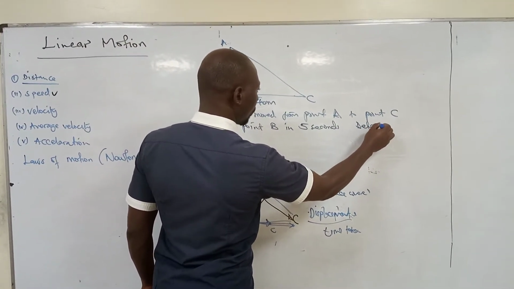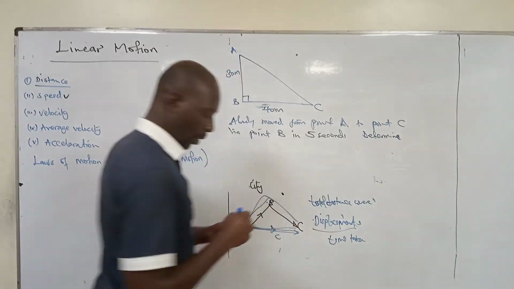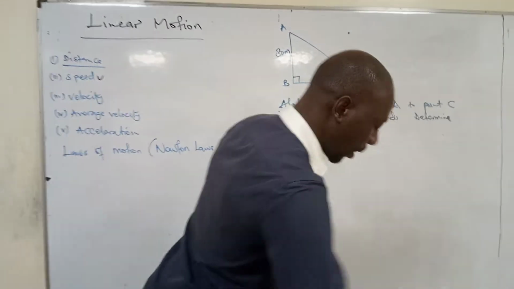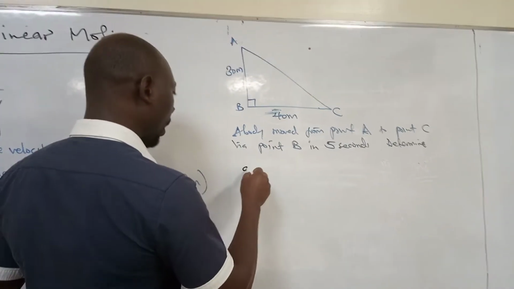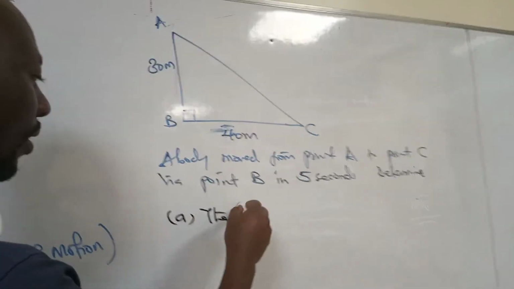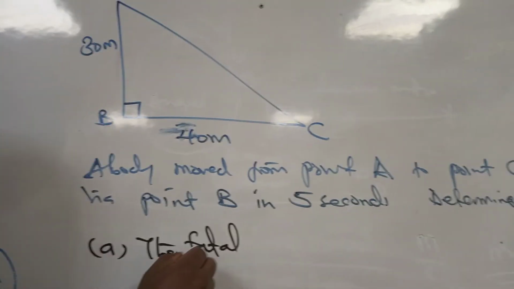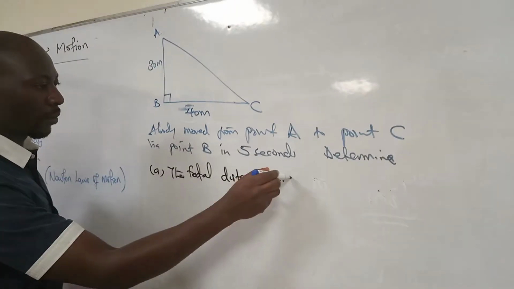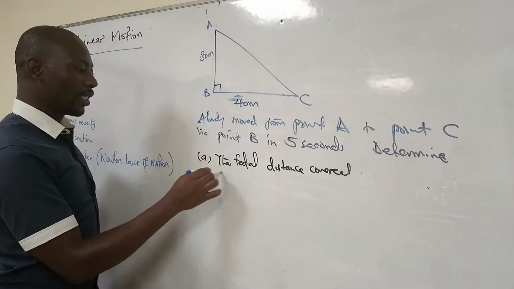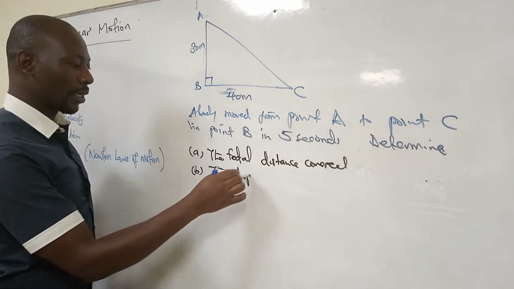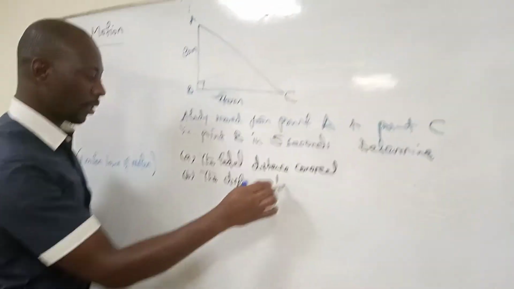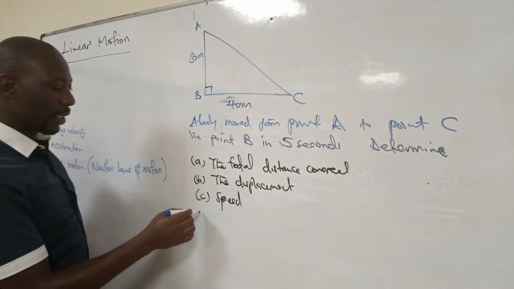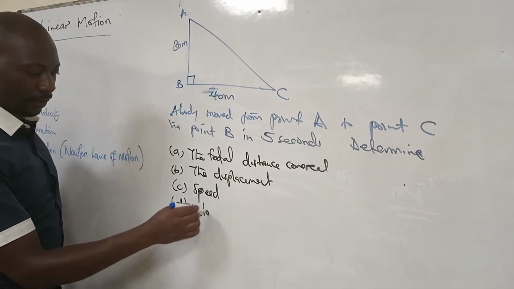Determine. So you are told to determine: A, the total distance covered; B, the displacement; C, the speed; and D, the velocity.